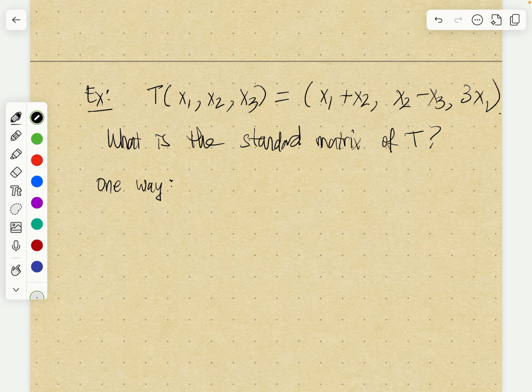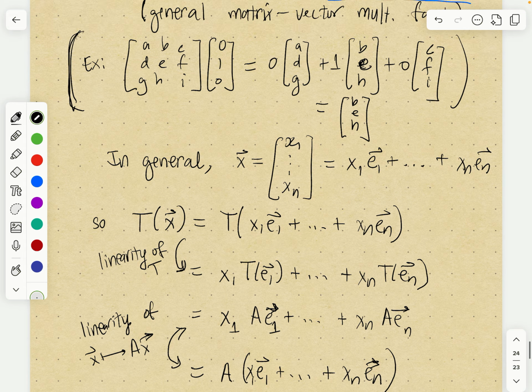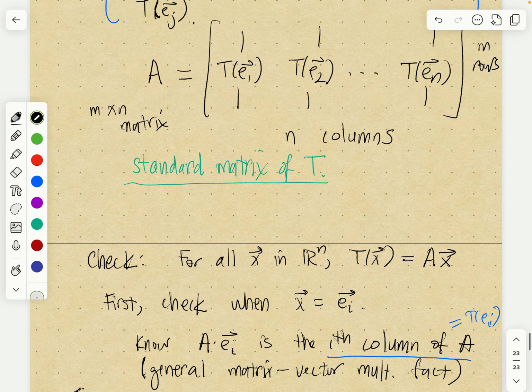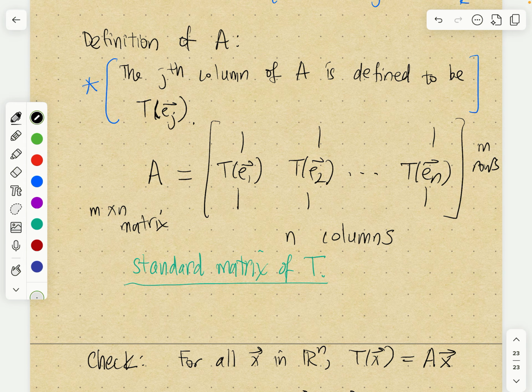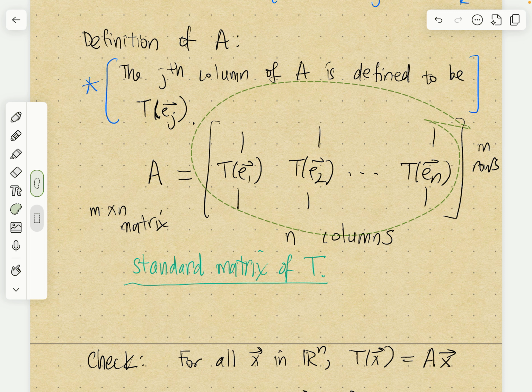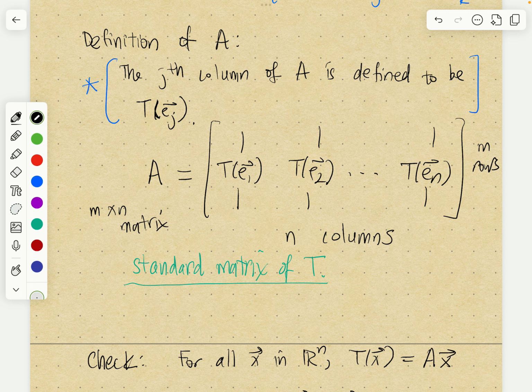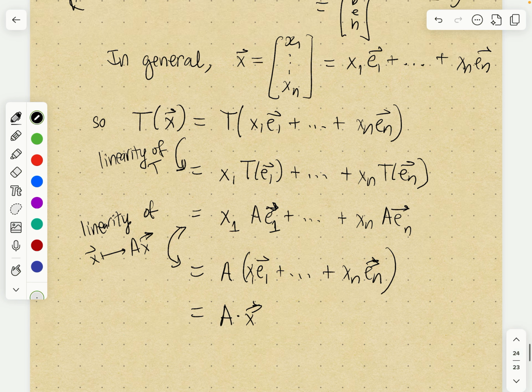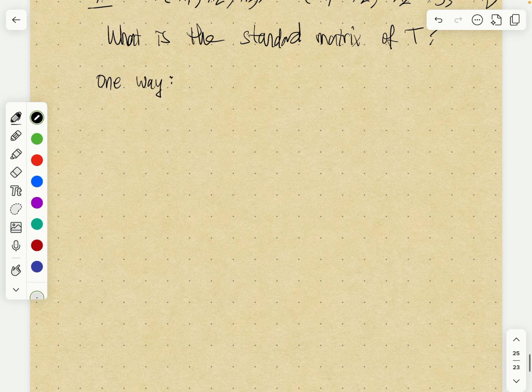So one way to do this is, well, we know that by definition A is the matrix whose columns are the T of ei's. So one way to do it is just to calculate the T of ei's and then make those the columns.